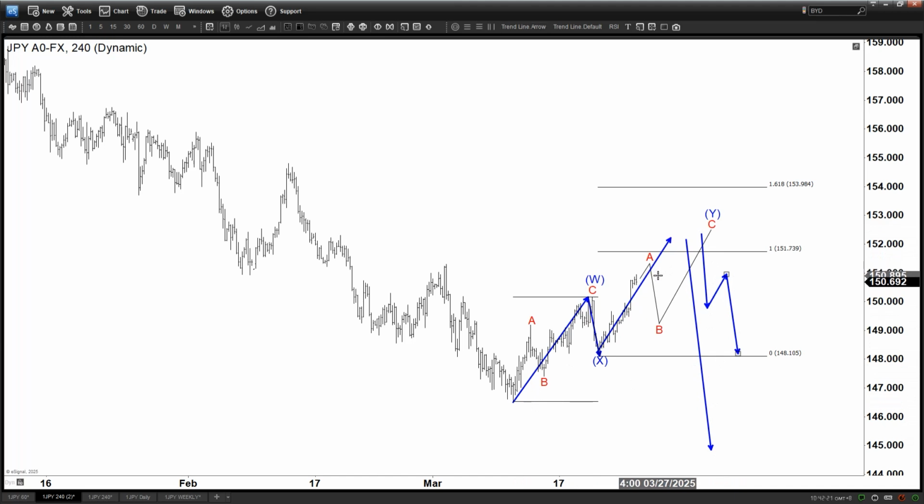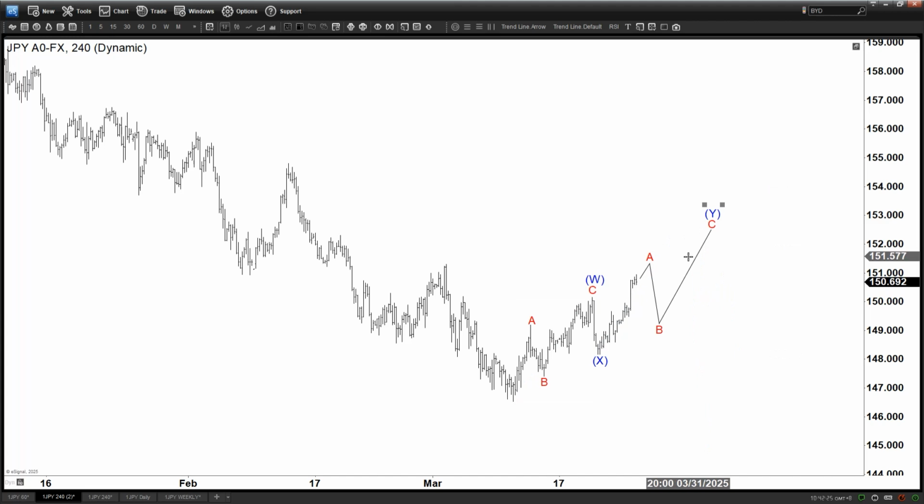What will be the alternate? Well, the alternate is less likely, but the alternate is a nest, 1 2 1 2. If that's the case, then we are in the wave 3 of 3 to go to the upside. Why would I say it's less likely to be a nest?